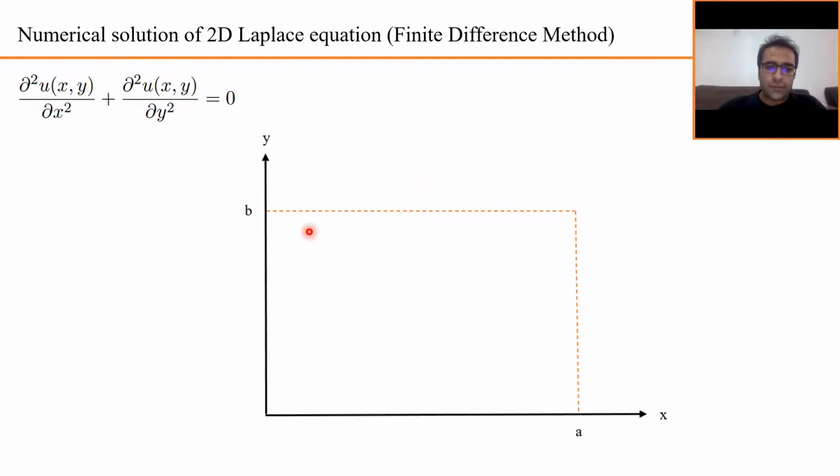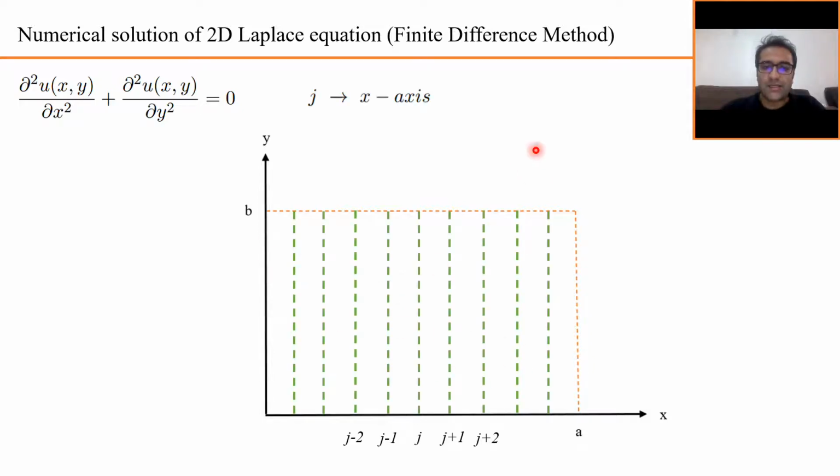So we want to solve the problem in the same area with the same boundary condition that we solved analytically, right? For the x-axis, I'll define the index j, and I discretize this x-axis and assign j to each point.